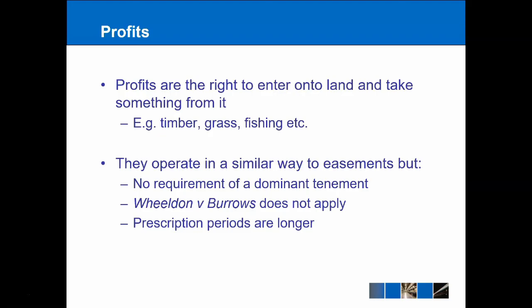The rule in Wheeldon v Burrows does not apply to the situation with profits, and the prescription periods are also longer. So under the Prescription Act we talked about how it was 20 years, or 40 years for an oral agreement, and the situation for profits is it's 30 years, or 60 years with an agreement that is carried out orally. So that concludes the presentation on easements.